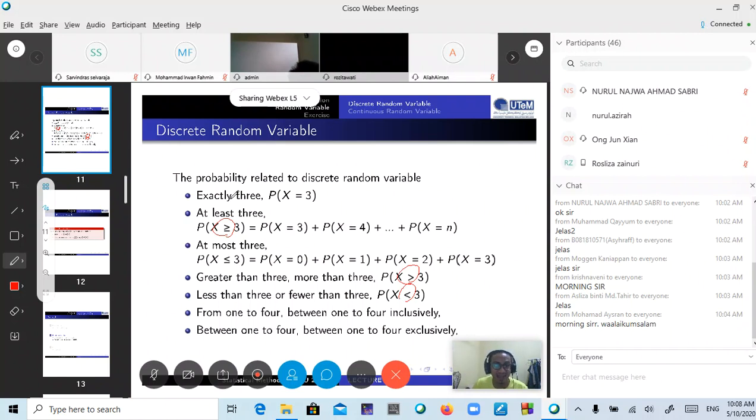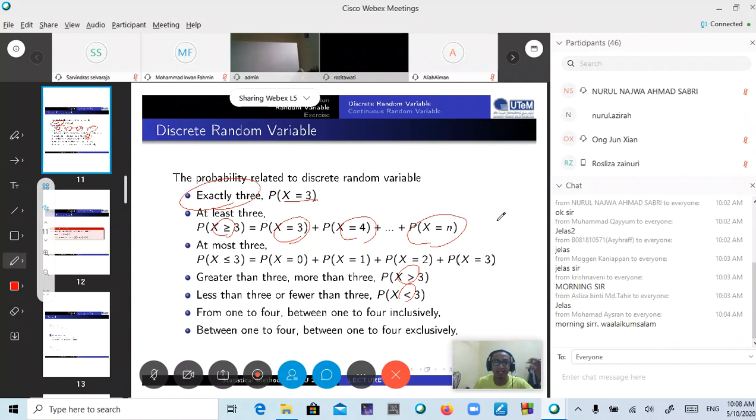For an exact value, we know the probability of x equal to 3. At least, do not get confused. Just because you see the word least, you think it is smaller. Actually, at least means x greater than or equal to 3. So you have the value equal to 3, equal to 4, and so on until x equal to n.